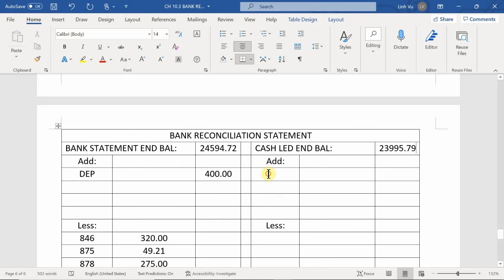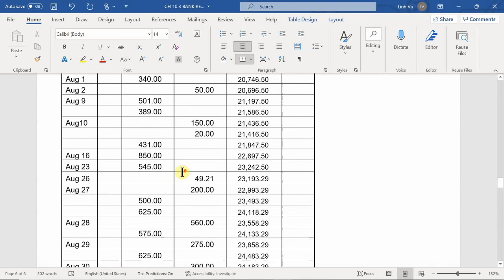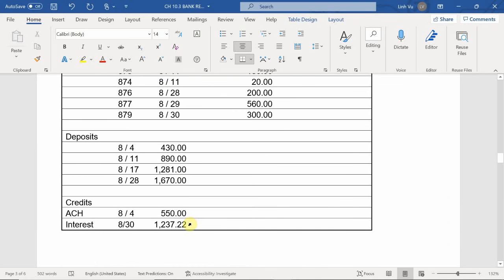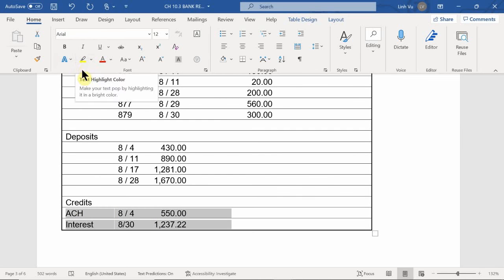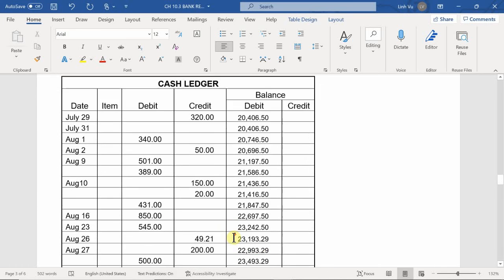What are we going to add? Interest and ACH. Right here, interest and ACH are down below. We have ACH for $550, and interest for $1237.22.